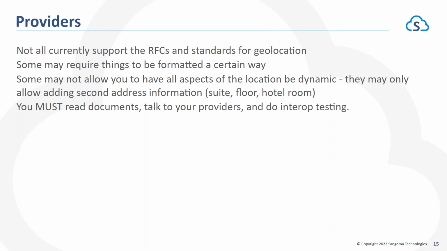They may only allow adding what is called second address level information, such as suite, floor, hotel room. I'm aware of at least one provider that requires you to pre-configure your street address, and then you're able to add the suite, floor, and hotel room within the call to 911.